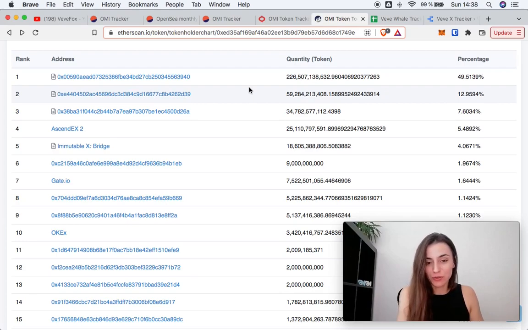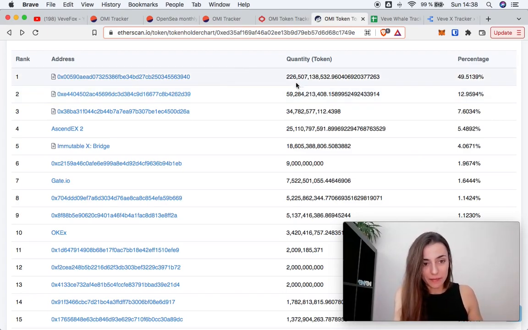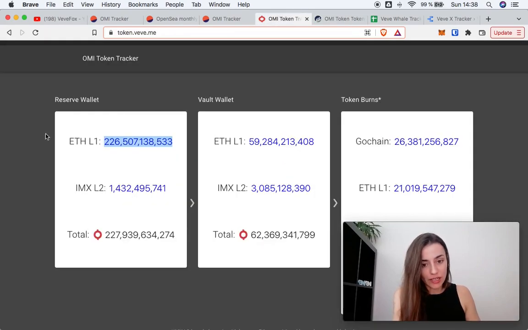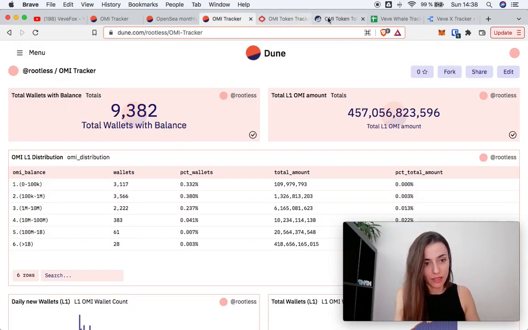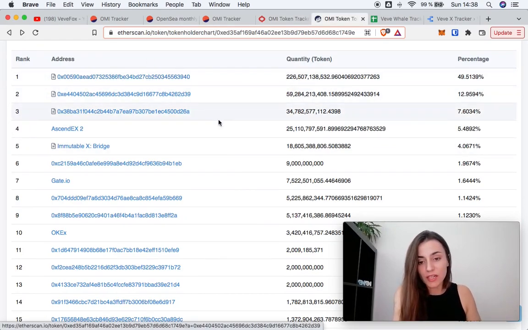So it's tricky to find out which address corresponds to which wallet. But to find out which is the reserve and which is the vault, I checked the numbers on this webpage so that they match here with these numbers, and that's how I identified the other wallets.